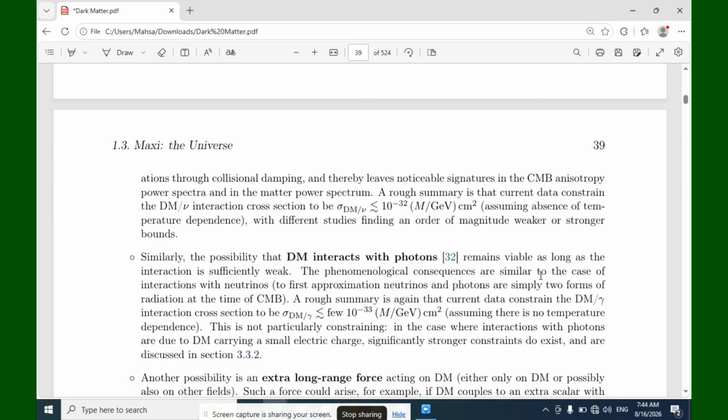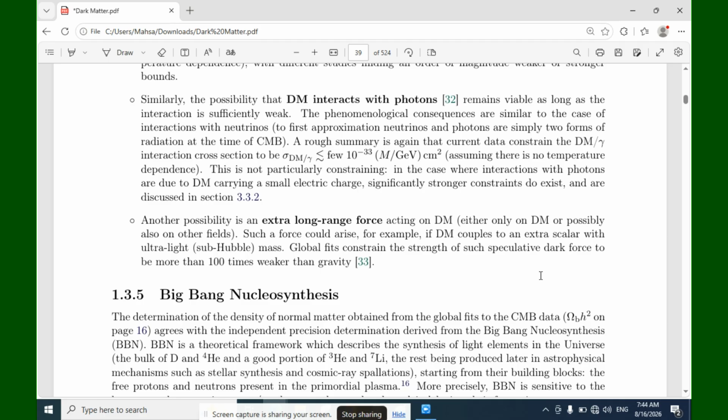assuming absence of temperature dependence, with different studies finding an order of magnitude weaker or stronger bounds. Similarly, the possibility that the dark matter interacts with photons remains viable as long as the interaction is sufficiently weak. The phenomenological consequences are similar to the case of interactions with neutrinos. To a first approximation neutrinos and photons are simply two forms of radiation at the time of the cosmic microwave background.